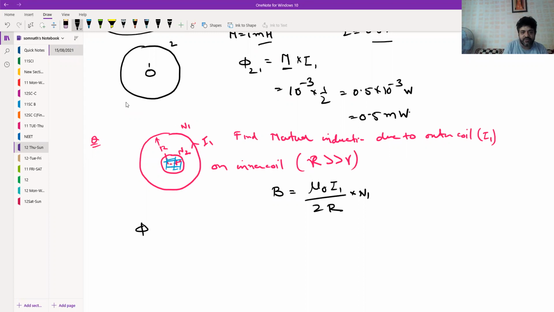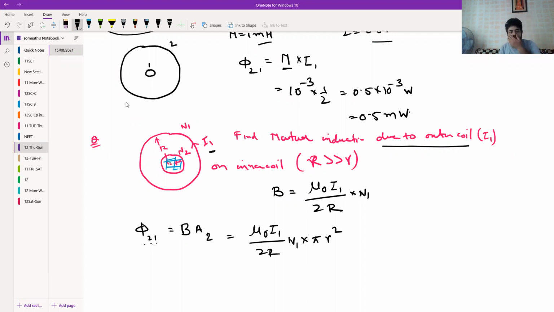Suppose the flux at 2 due to 1, that is, due to the outer coil. The flux at 2 due to 1 is the magnetic field at 2, this inner coil, times the area of the inner coil, suppose A2. So mu naught I1 by 2R, N1, into pi r square. Yes or no?